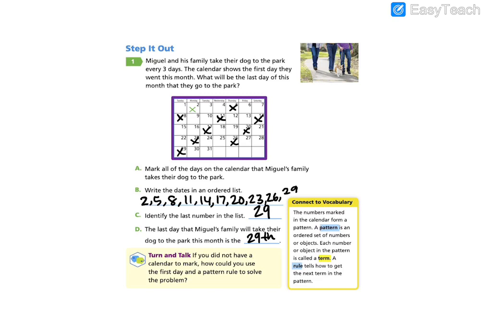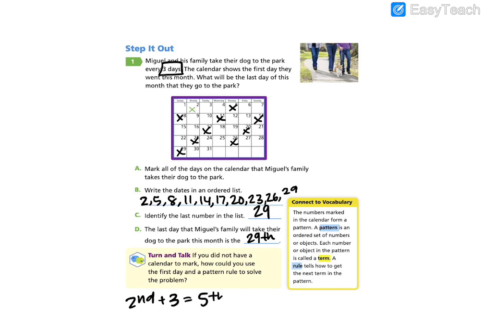So, we have our first number given to us. If we didn't have a calendar and we knew that they went on the 2nd, we know the rule of this pattern is they go every 3 days. So we could increase by 3 every time.